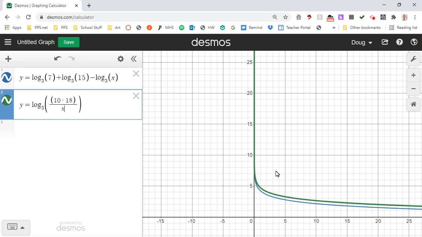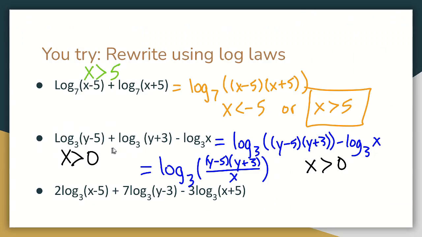15 minus 5. I made a mistake somewhere. Where is my mistake? And I know I made a mistake because it's not matching up perfectly. Anyone have an idea? Did I make it here somewhere?